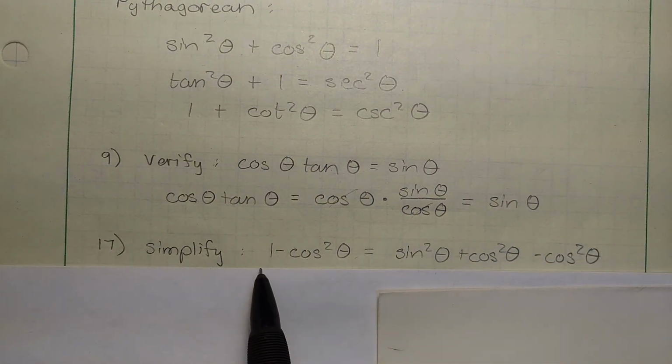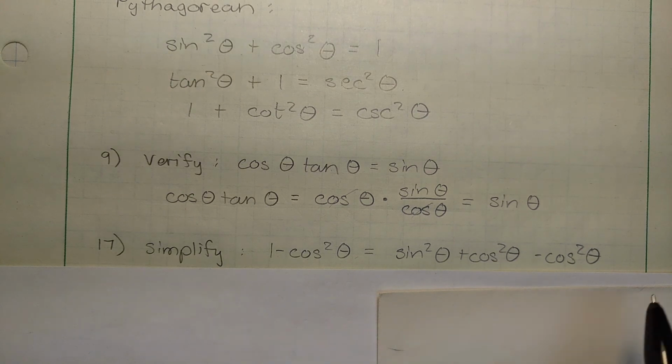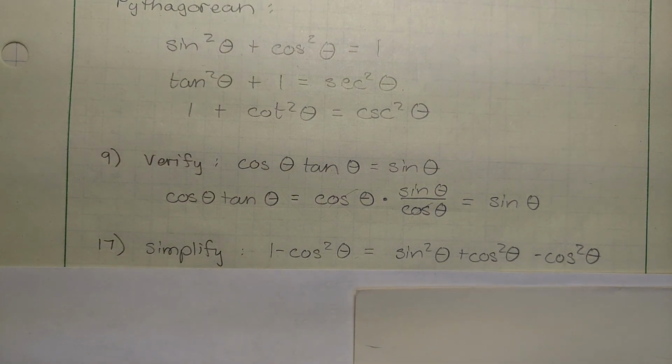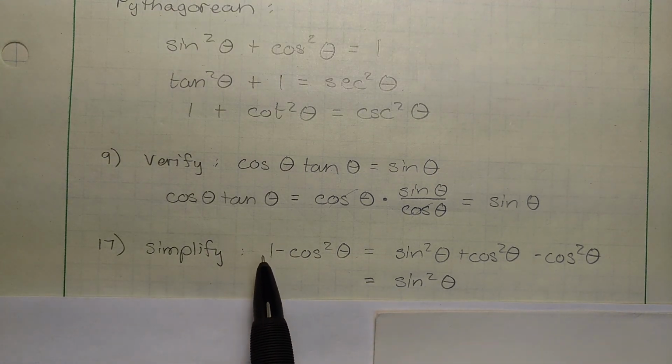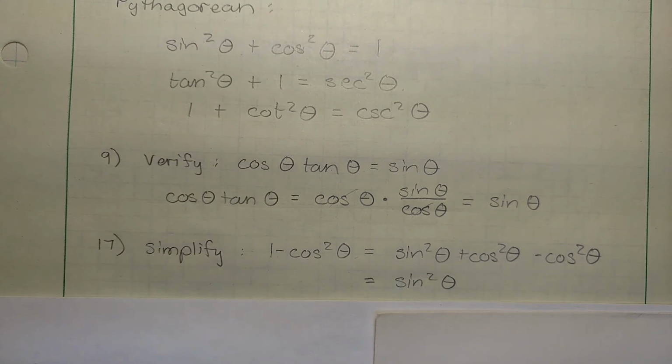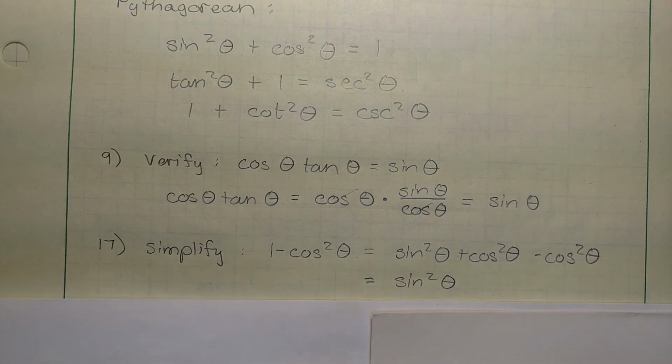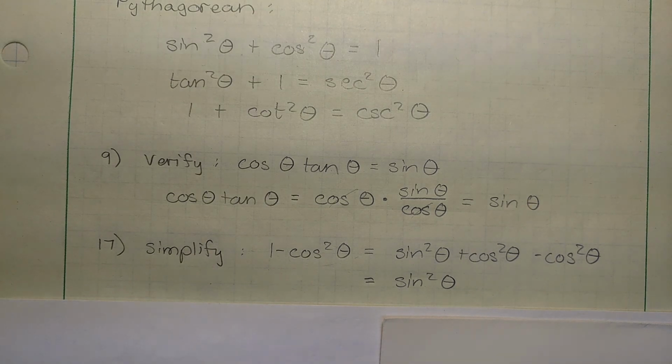So notice instead of 1, I put in sine squared plus cosine squared. Well, look here, I've got cosine squared minus cosine squared. That's just 0, so all I have is the sine squared of theta. So just simply replace that 1 with the sine squared plus the cosine squared. And you know to do that because you've got squareds here. As soon as you see squareds and adding and subtracting, you immediately think Pythagorean identities.